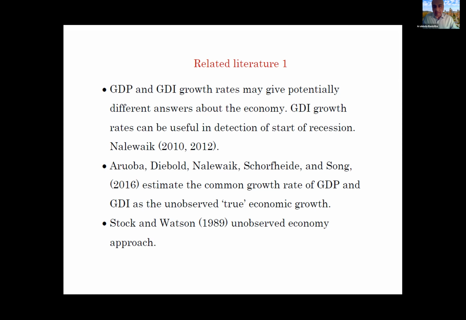But if you use both data and allow for the noises, estimating a common growth rate in both is a far better indicator of economic growth. This obviously builds on the longstanding Stock-Watson dynamic factor approach of treating the economy as unobserved. That's the NBER approach. And I follow up on the GDP GDI growth rate from the Aruoba et al. paper.